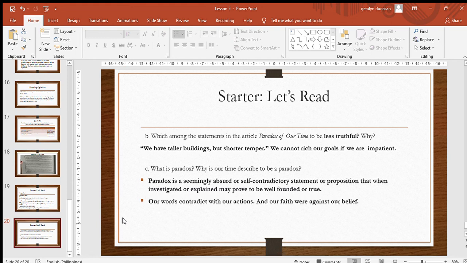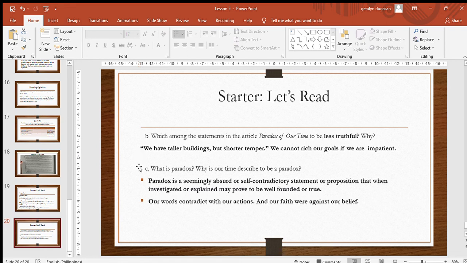And the last slide is, which among the statements in the article paradox of our time to be less truthful? And I believe this one, we have taller buildings but shorter temper. Why? Because we cannot reach our goals if we are impatient.